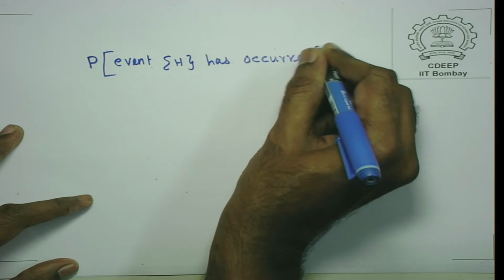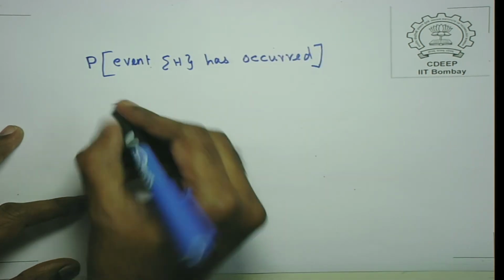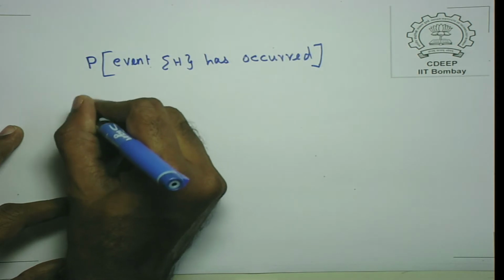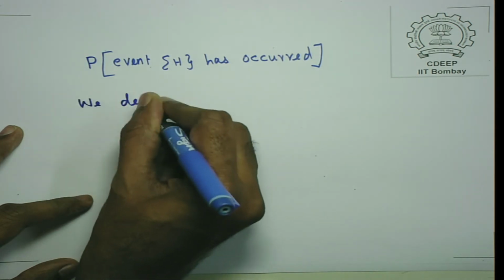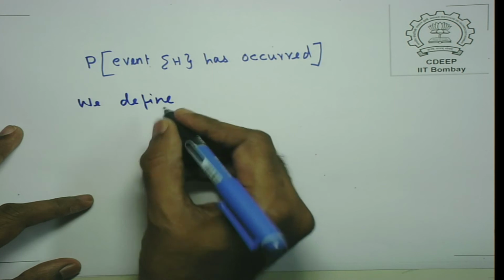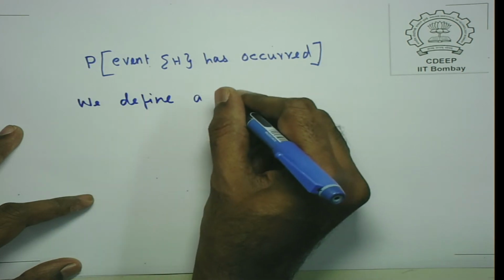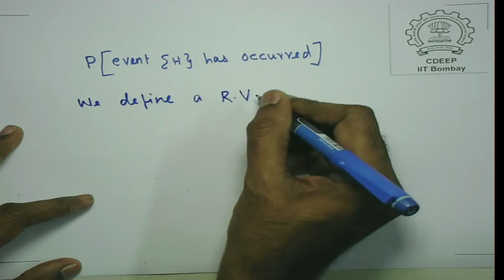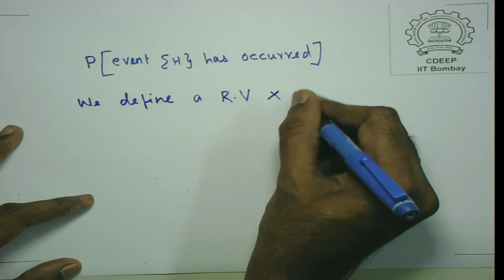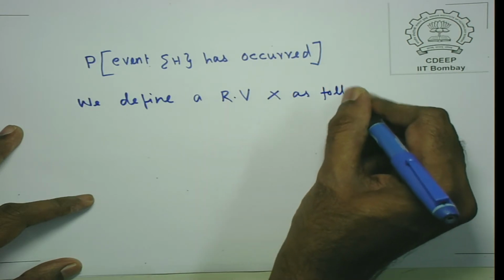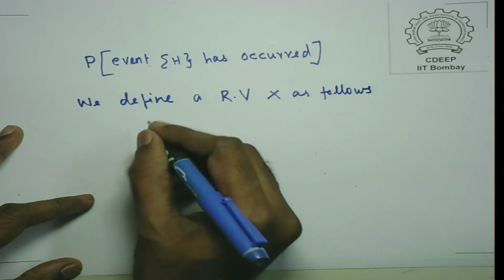Right? So instead of saying this, what we do is we define RV, let's say random variable X as follows.